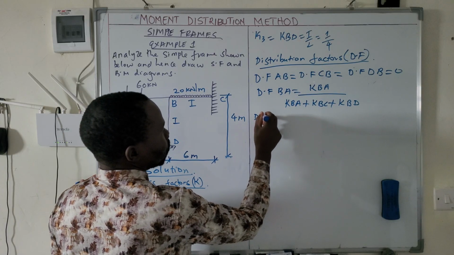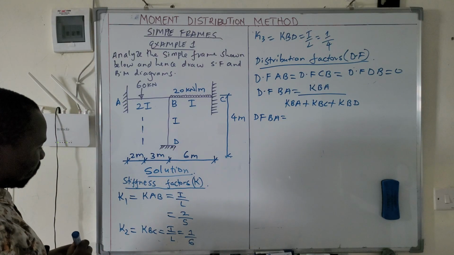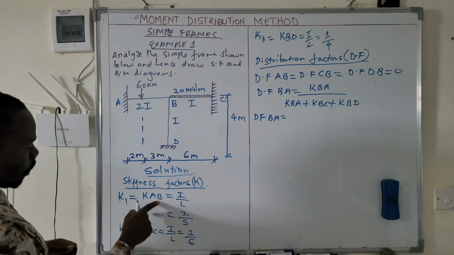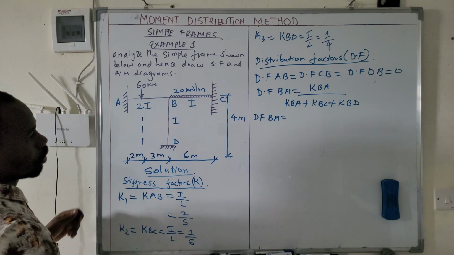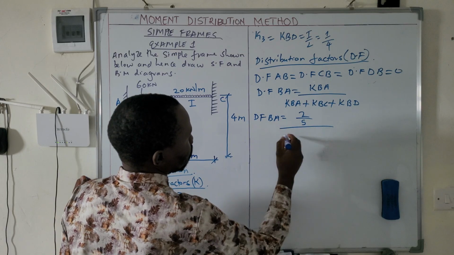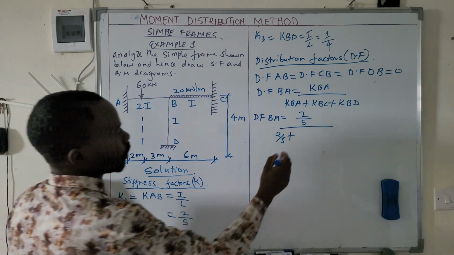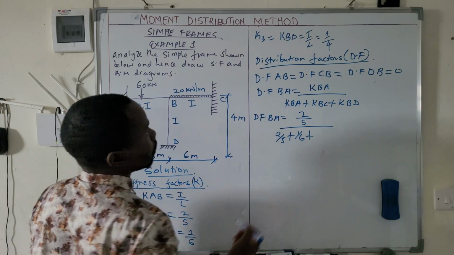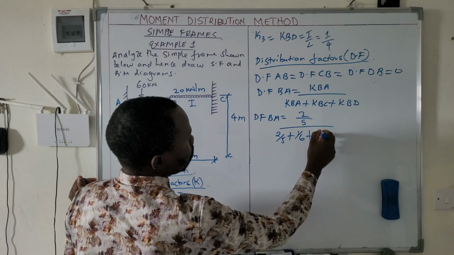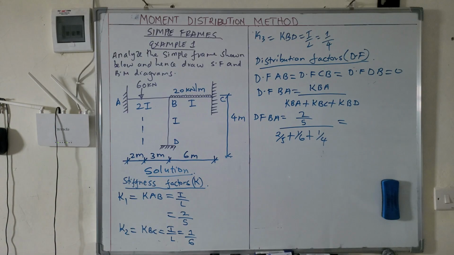So DF BA is equal to KBA. KBA is 2 over 5. So 2 over 5 over 2 over 5 plus KBC 1 over 6 plus KBD. KBD is 1 over 4, like that. And then you can punch it in your calculator and get the answer.